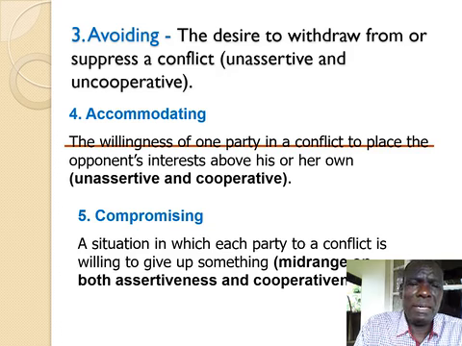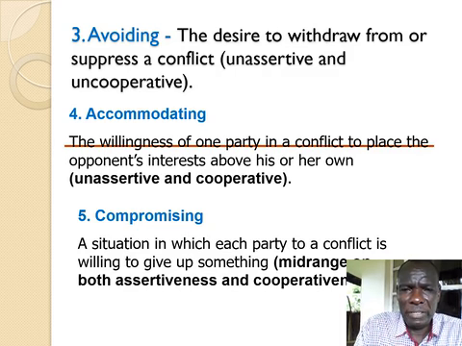And there's also the fifth and last one, compromising. This is a situation in which each party to a conflict is willing to give up something. Everyone is willing to give up something. This is a mid-range between assertiveness and cooperativeness.